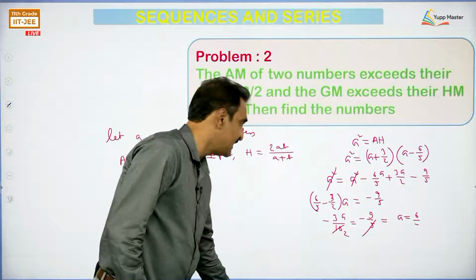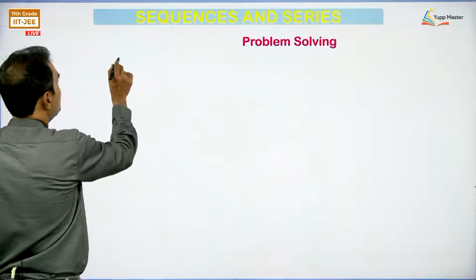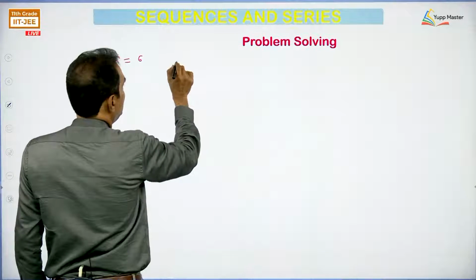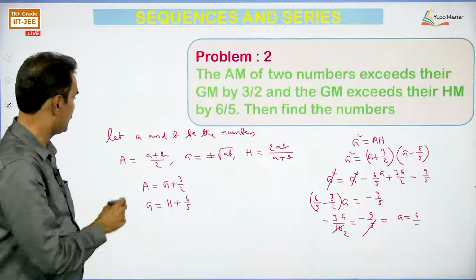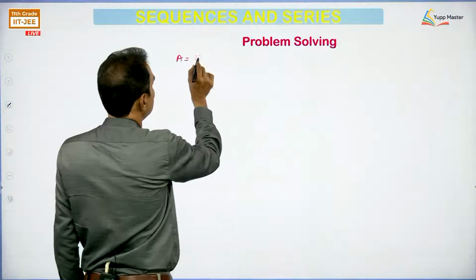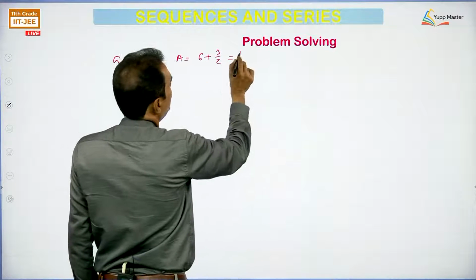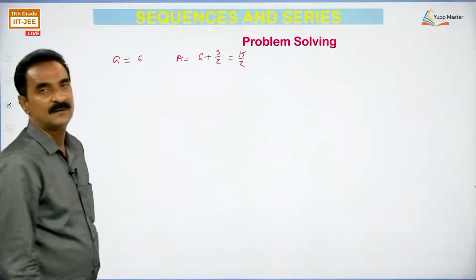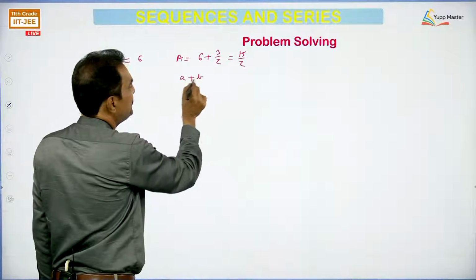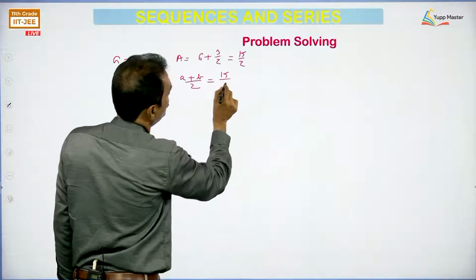G is equal to 6 means, what is A? A is equal to G plus 3/2. So, 6 plus 3/2, 15/2. And A is nothing but (A+B)/2, which is 15/2.